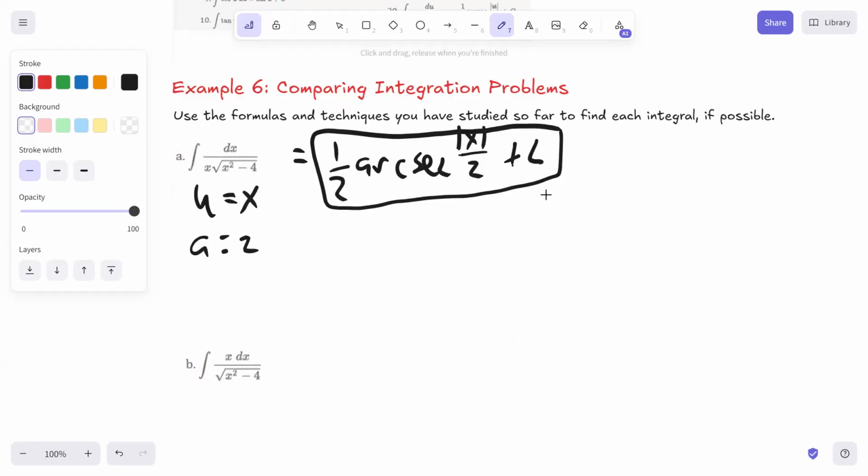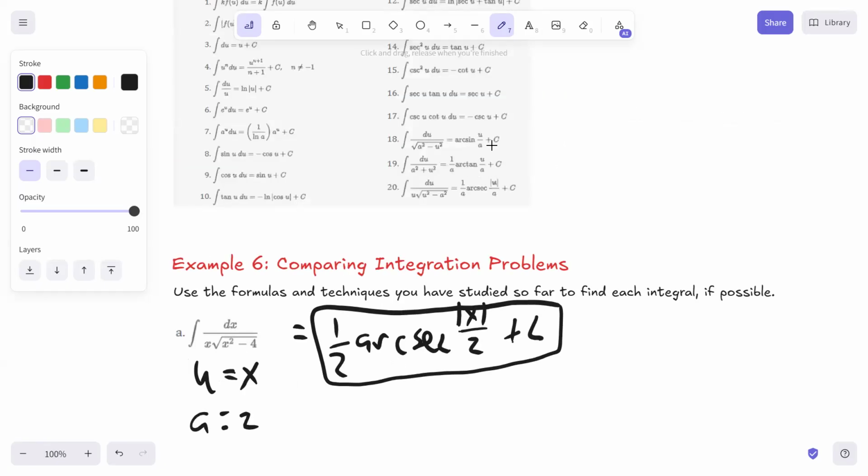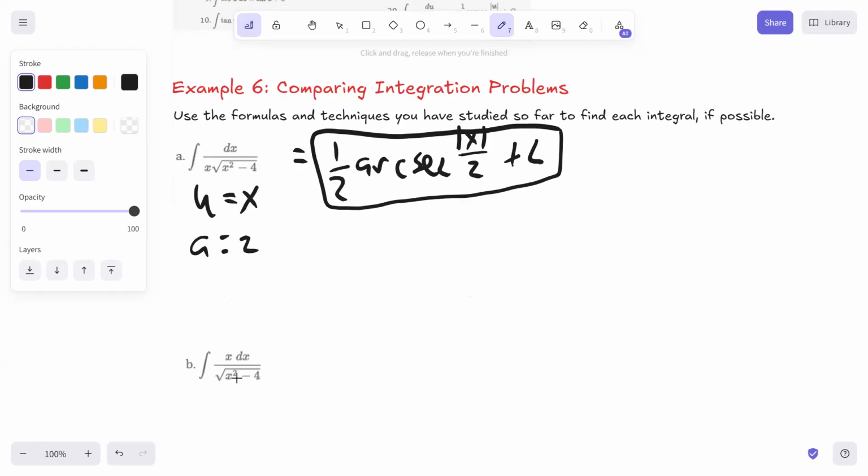The next one looks very similar to it, except it has the x in the numerator and not the denominator. Some people might think it's arcsine, but arcsine has the constant squared minus the variable squared. This has the reverse of that. Also, arcsine doesn't have the x in the numerator.